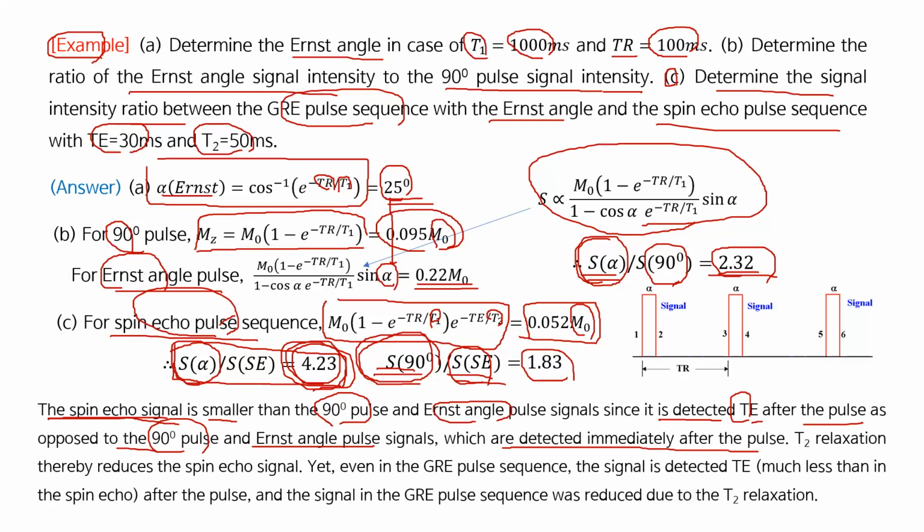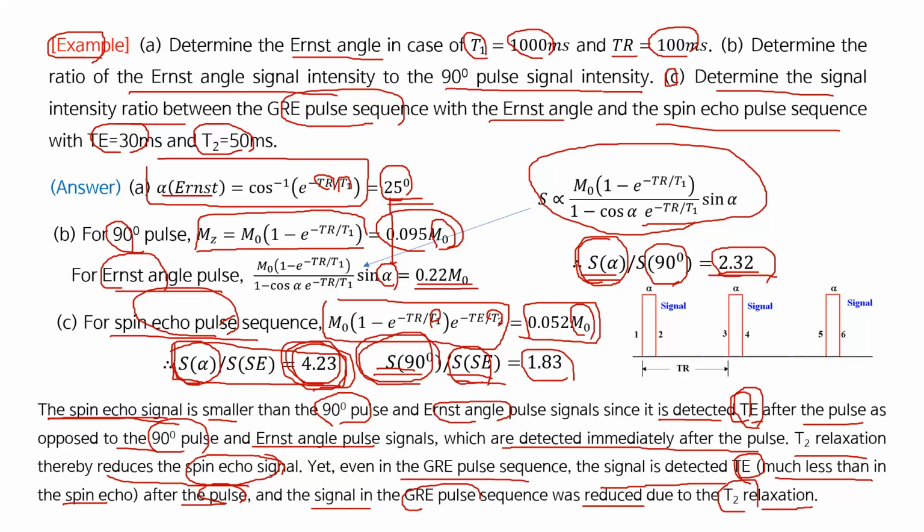In the spin echo pulse sequence, TE is much larger than that in the GRE pulse sequence. So T2 relaxation thereby reduces the spin echo signal. Yet even in the GRE pulse sequence, the signal is detected at a TE much less than that in the spin echo pulse sequence after the pulse, and the signal in the GRE pulse sequence is reduced due to T2 relaxation.